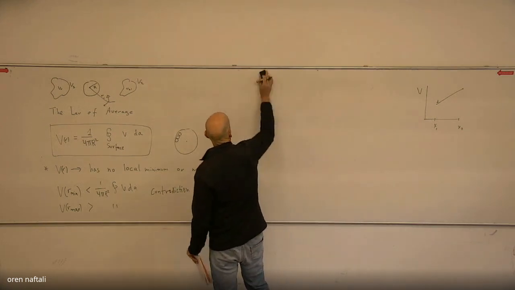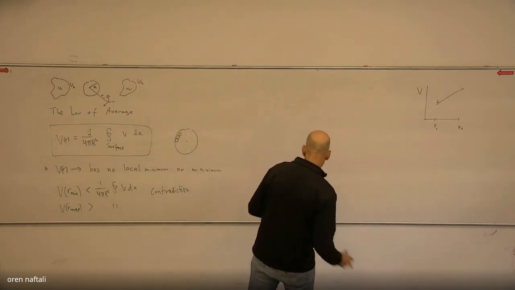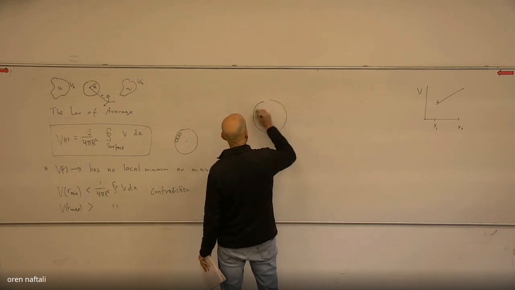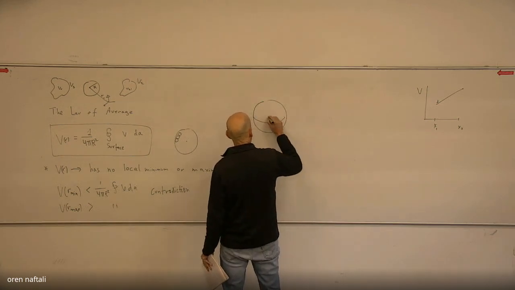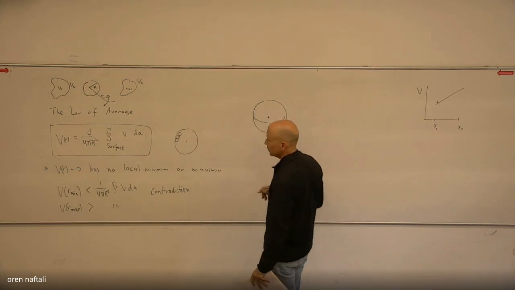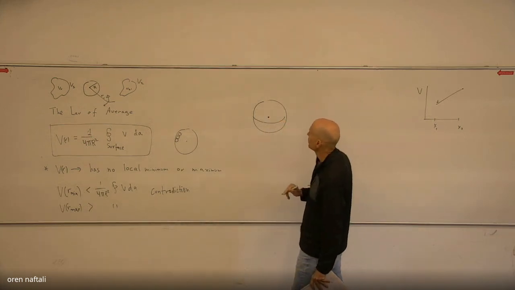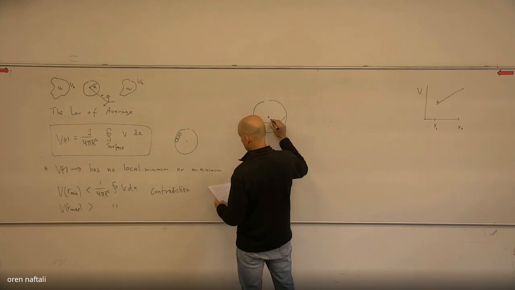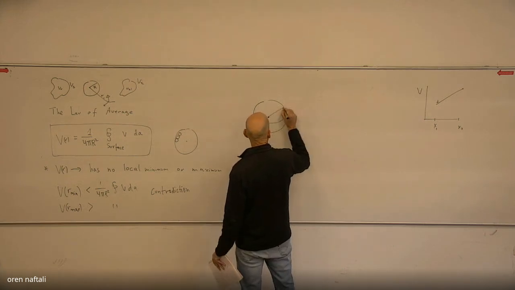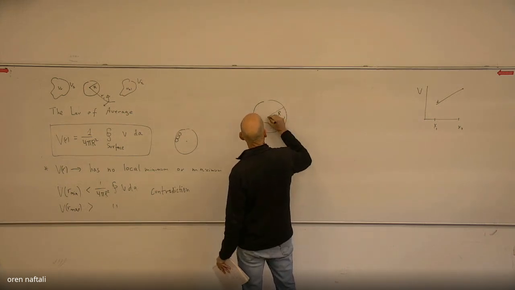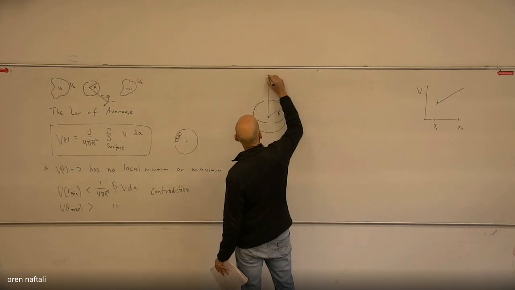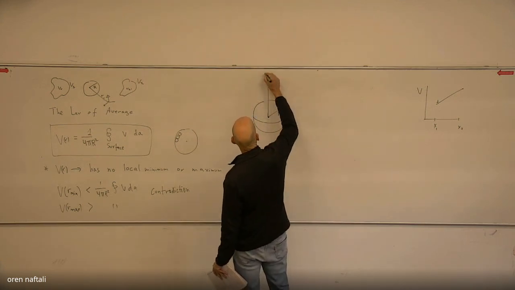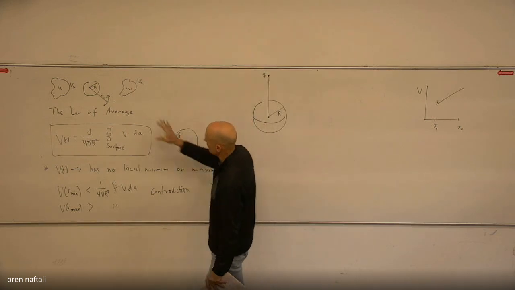Okay, so what we would like to do is the following. We have this theoretical sphere, and we're going to put its center on the origin. It has radius R, and we're going to put some charge here.